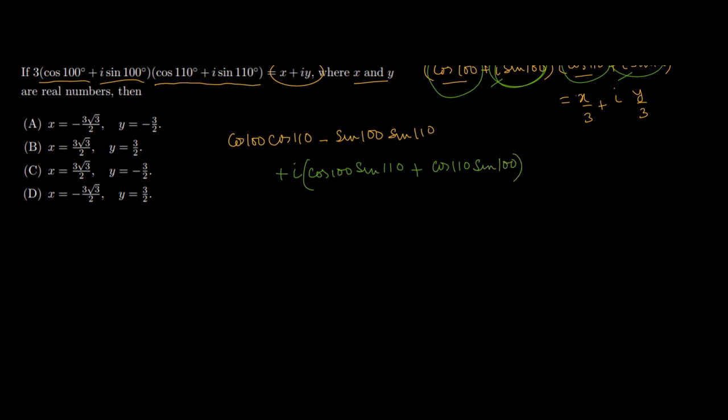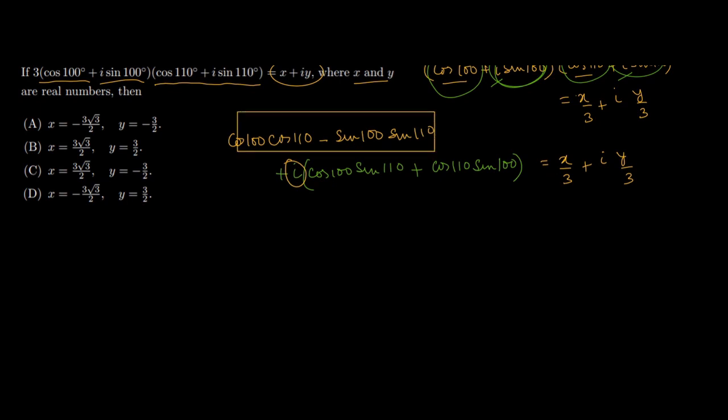So this is equal to x by 3 plus i into y by 3. So now we have segregated the terms with i and without i. So therefore we can simplify this.